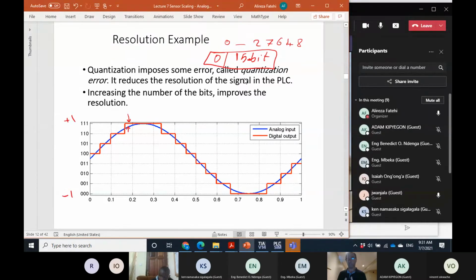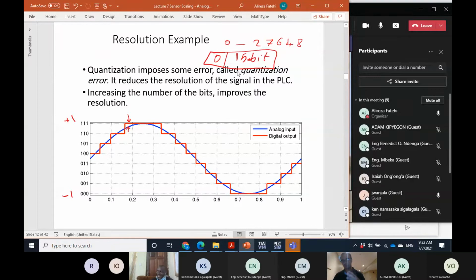Why maybe 12-bit instead of 15-bit, if 15-bit is better? The reason is that increasing the number of bits increases the complexity of the electronic circuit of the analog input, and this increases the cost. So different types are provided. As the number of bits increases, it is more accurate, but it is more expensive.